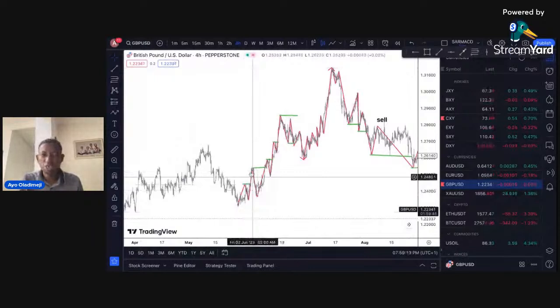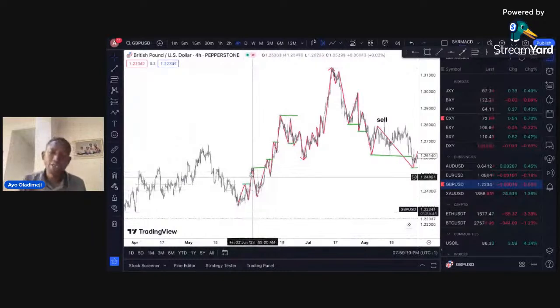But like I said, the logic is this: buy in an uptrend, wait for a break of a high or higher high, as the case may be. Ensure you see a break of a high. Wait for the price to sell back by retracing or pulling back. Then at the end of that pullback, that's when you buy.